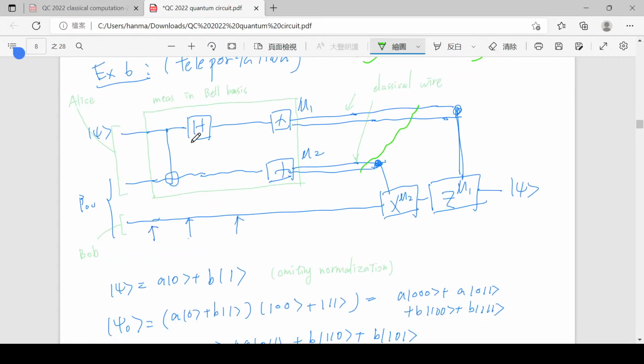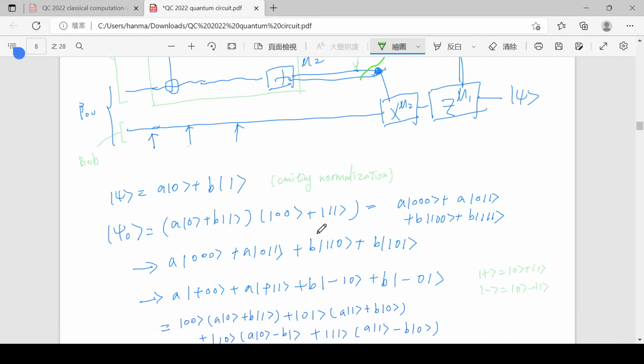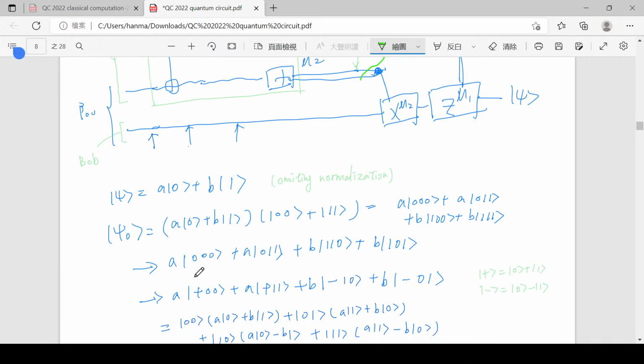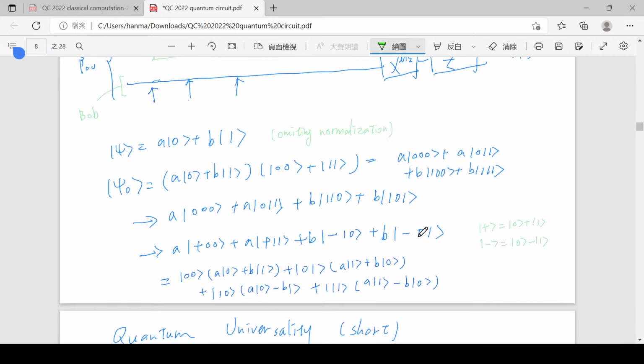Then thirdly, we do this Hadamard. So Hadamard changes 0 to plus and 1 to minus. Okay. So 0 to plus, 1 to minus, and then we skip a step here, but we regroup everything. So we can write plus as 0 plus 1 and minus as 0 minus 1, and you group the first 2 qubits into computational basis, so either 0 0 or 0 1 or 1 0 and 1 1.